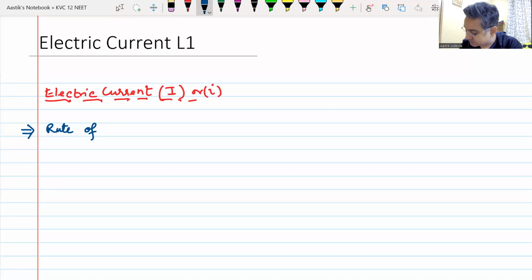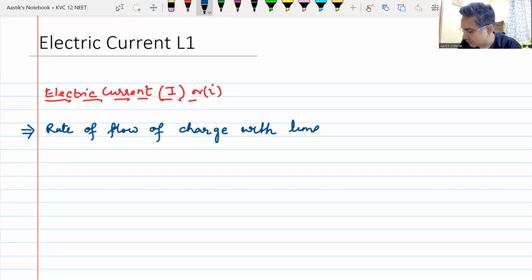Do we understand this? Rate of flow of charge with time. In how much time, how much charge has flown, the rate of the flow of charge is known as current.